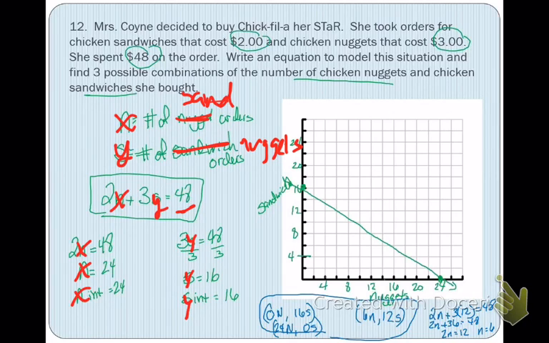Okay, she got them. These are backwards. Okay, that's all right. So let's see.